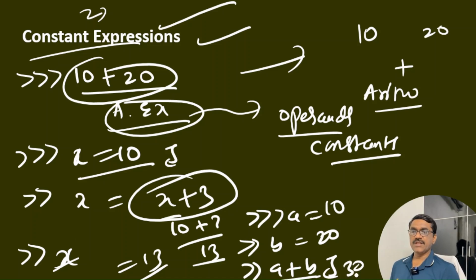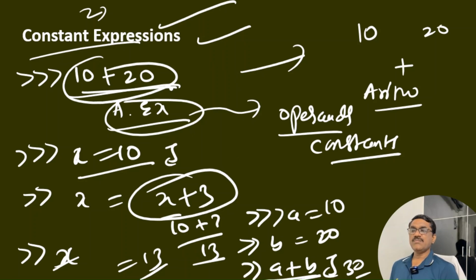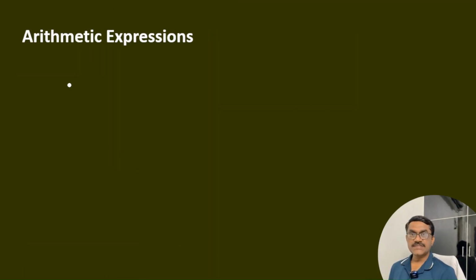What is the result we are obtaining? 30. What is the difference between 10 plus 20 and A plus B? 10 plus 20 is the constant expression and A plus B is only an ordinary arithmetic expression. Constant expression is also an arithmetic expression, a special case. This is the difference between constant expression and arithmetic expression. Now let us see some more examples for arithmetic expressions.